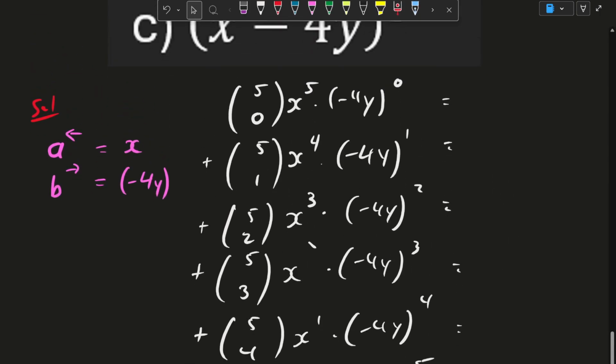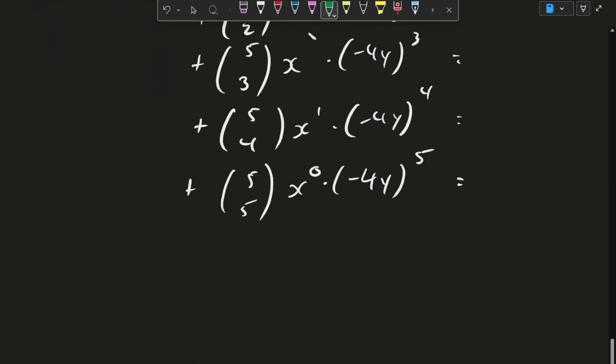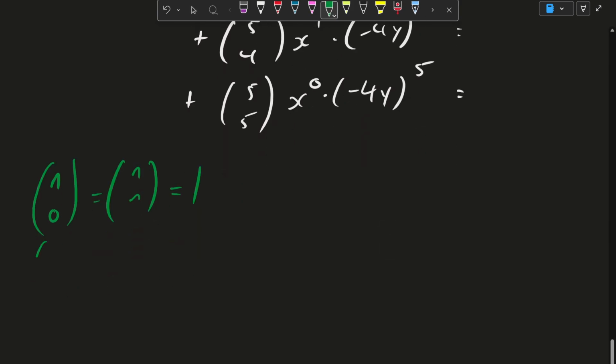So note that 5 choose 0 and 5 choose itself. Well, actually, in general, n choose 0 is equal to n choose itself, which is equal to 1. And n choose 1 is equal to n choose 1 less than itself, which is equal to n.